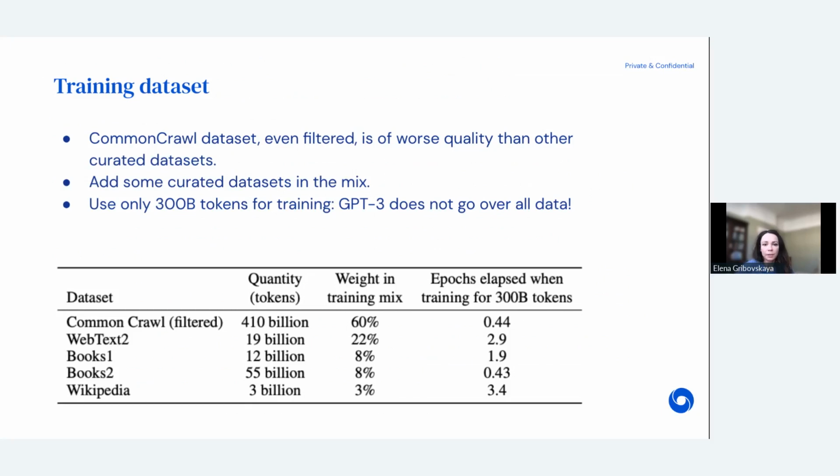And here you can see the weight of different data sets in the training mix. An important thing to note is that GPT-3 used only 300 billion tokens for training, so GPT-3 didn't go over all the data.